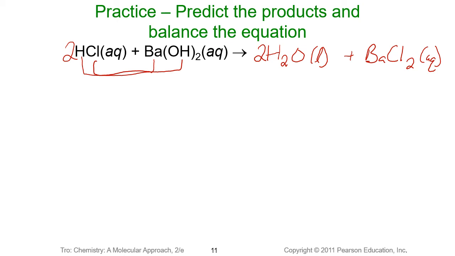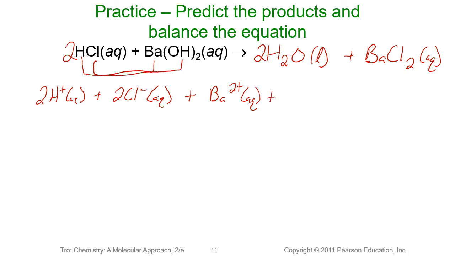If we want to write the complete ionic equation, we break it up into the ions. For each of the aqueous solutions, the subscripts become the coefficients.